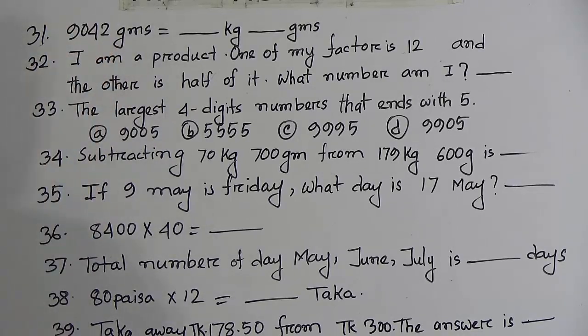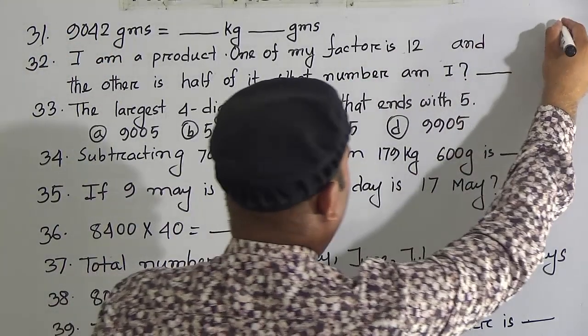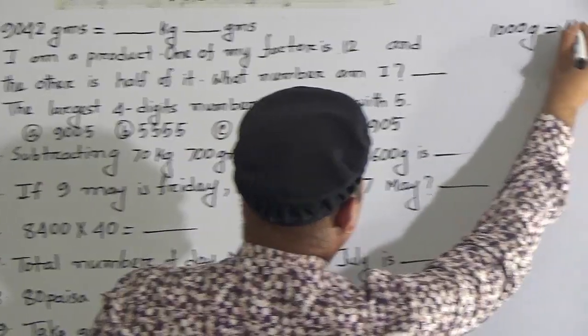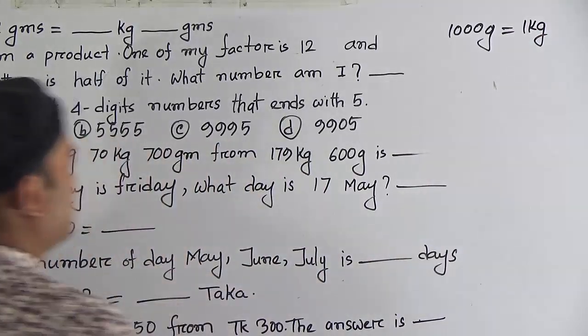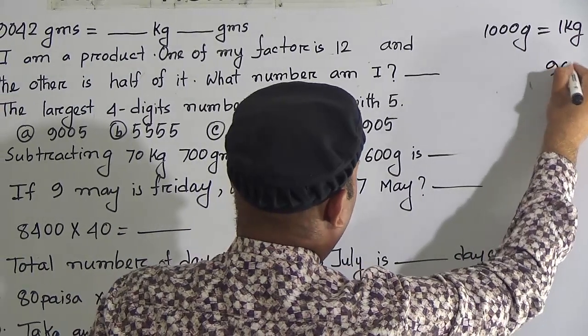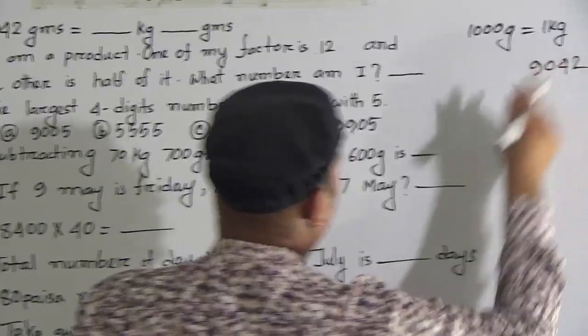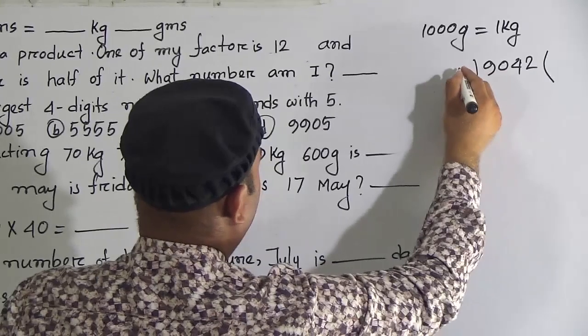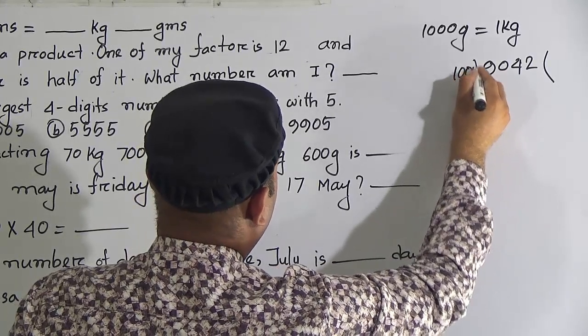9042 grams. We know that 1000 grams is equal to 1 kilogram. Here we have 9042 grams, so we have to divide by 1000.